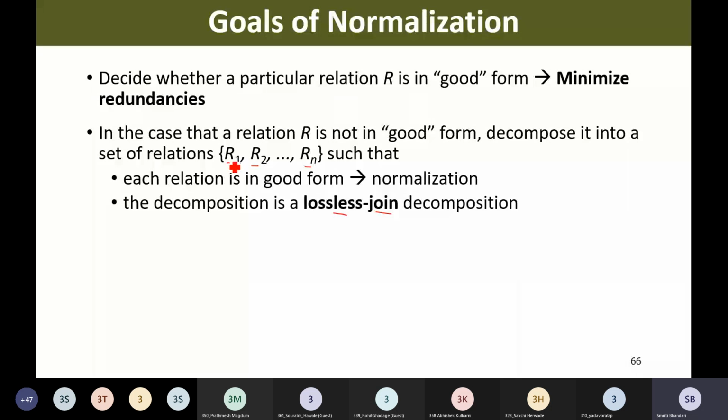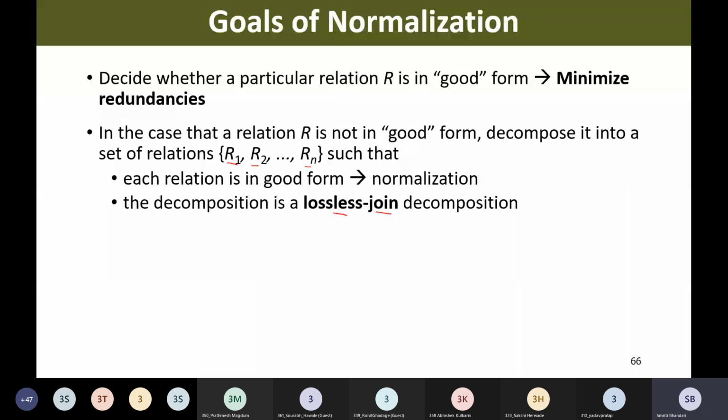And today we are going to focus on this concept. Further, the decomposition of the relation must be dependency preserving. This is one more important concept that we are going to cover after covering the concept of lossless join decomposition.